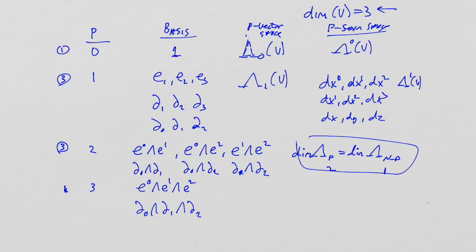And in the p form space, it's dx0 wedge dx1 wedge dx2. In the abstract form, it'd be E0 wedge E1 wedge E2.